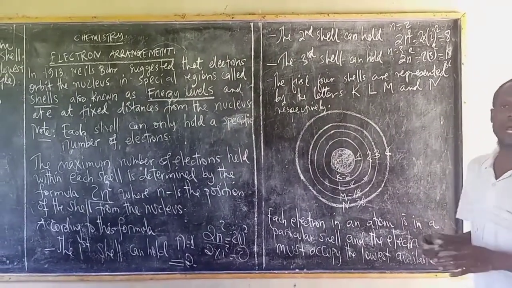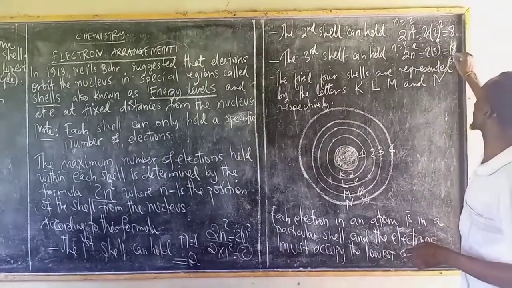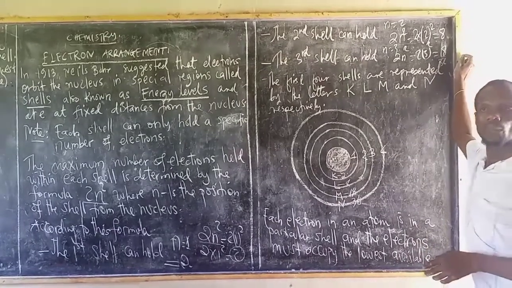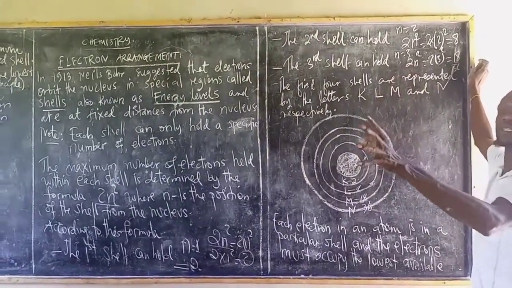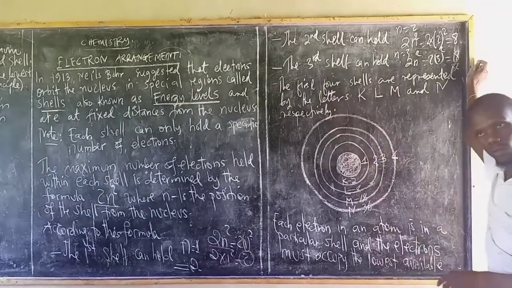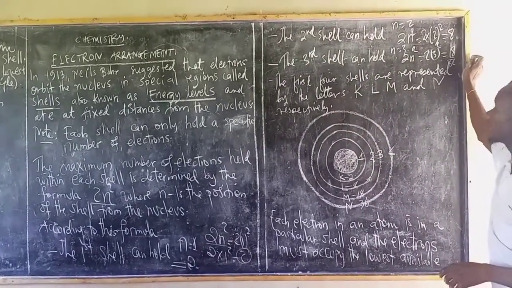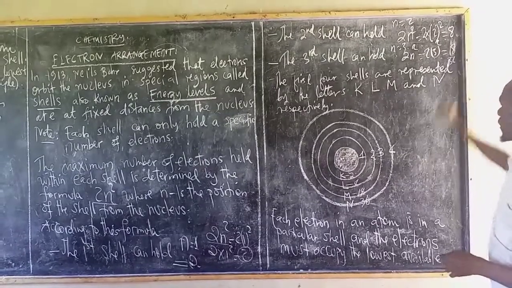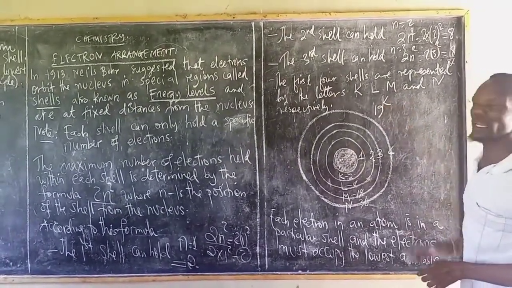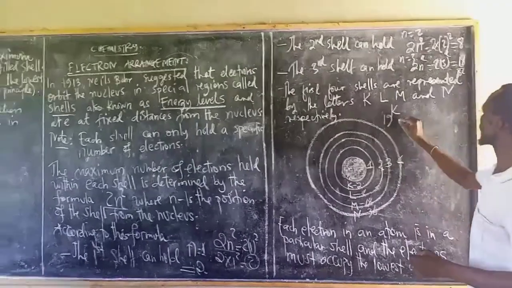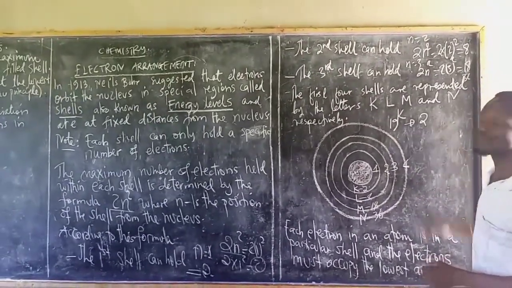There is a reason in such a way that the third one is written with 8, because it seems to be stable. An atom seems to be stable with 8 electrons when it is written on the third energy level, rather than 18. That is why, if now you're talking about potassium with 19 electrons, the first one is 2.